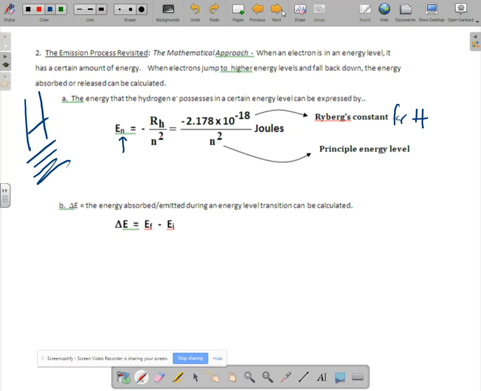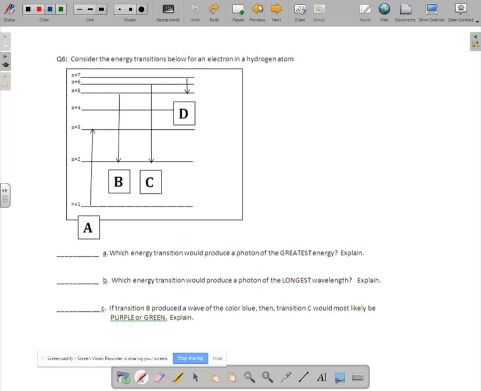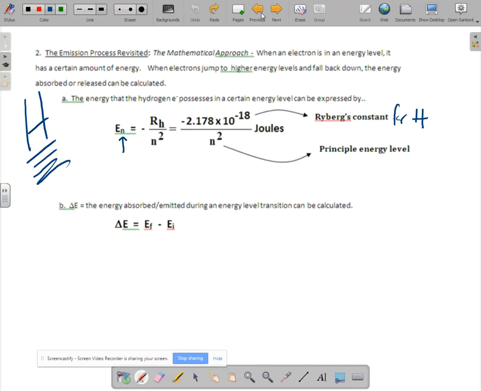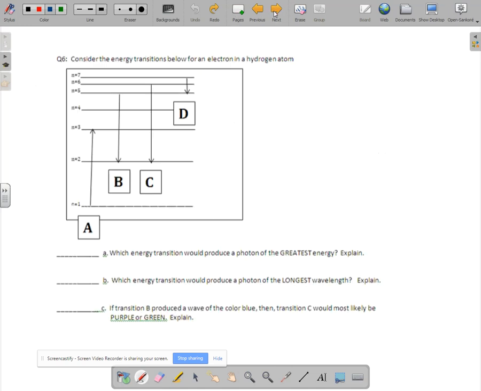So if we keep going, I think there's an example here. Yes, it's coming. We'll do the conceptual approach first, some questions, and then we'll do some math with that. So here's basically the energy levels again. And please notice that if the nucleus is right here, what's happening to the energy levels?